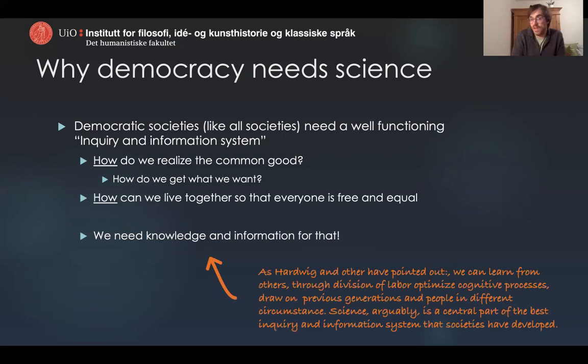As Hardwick and others who we read have pointed out, we can learn from others, and through the division of labor, optimize cognitive processes. We can learn more by drawing on others than we could ever by ourselves. We can draw on what previous generations and people in different circumstances have done by reading what they have written down. And science, arguably, is an essential part of these inquiry and information systems that societies have developed to live together in a better way.